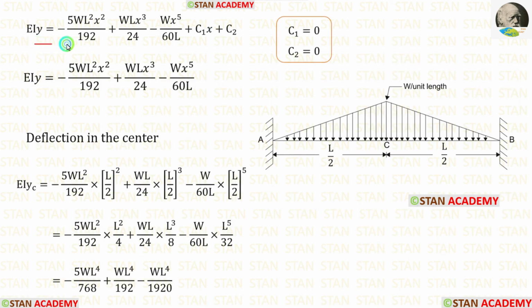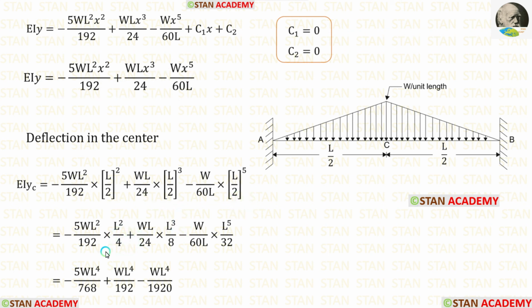In the EIY equation, let us apply the values of C1 and C2. When we do that, we are getting this. Now let us find the deflection in the center. In the center, the value of x is L upon 2. So in this equation, instead of x, we have to apply L upon 2.